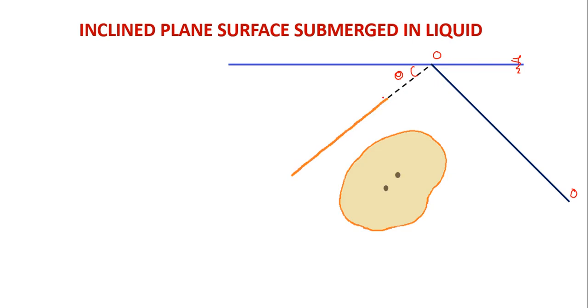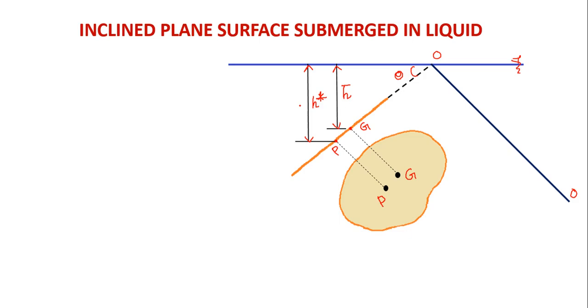Now we mark the center of gravity and center of pressure of this inclined surface. The vertical distance from the free surface to the center of gravity is h bar, and the vertical distance from the free surface to the center of pressure is h star.